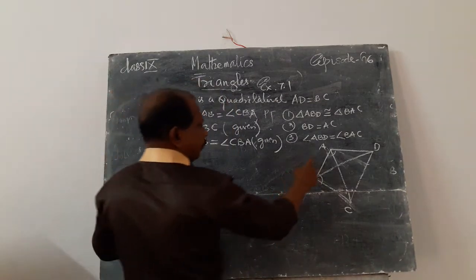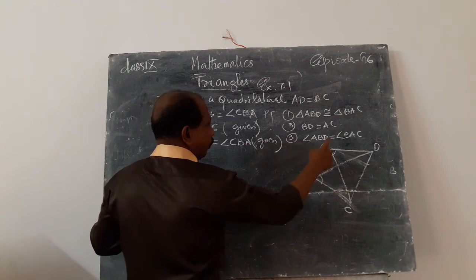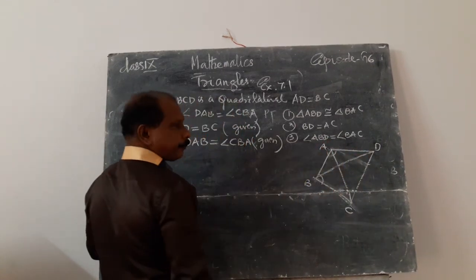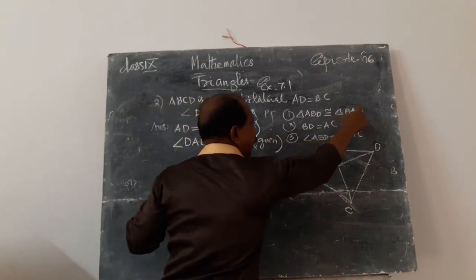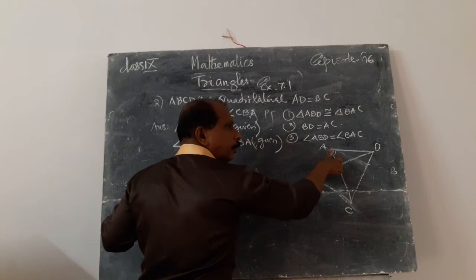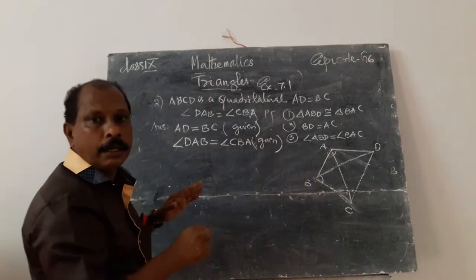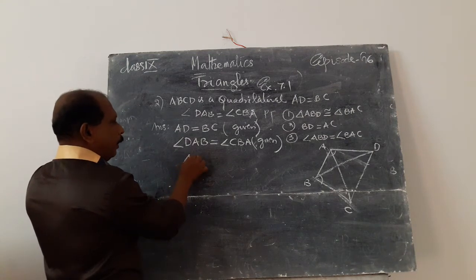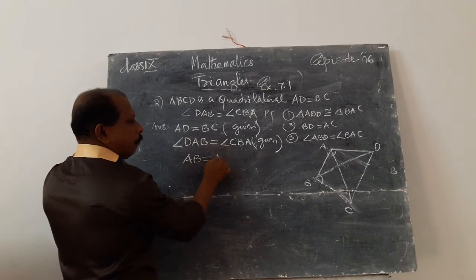In triangle ABD, one side is AB. Then in triangle BAC, one side is AB. That means AB is common to two triangles. Therefore, AB is equal to AB.